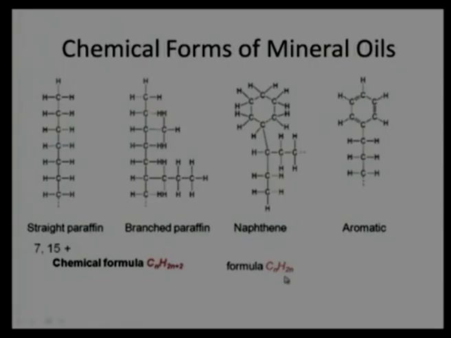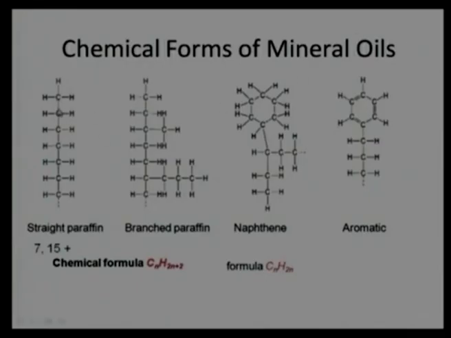While if the formula is changed, CnH2n, that structure also changes, and this kind of thing will be called naphthenic oils or naphthene, while the first case is a straight paraffinic oil, the branched paraffinic oil. I can verify very well what this structure is. In the first chain or first figure, we find that there are 7 carbon atoms in this case, but H is 15, right.